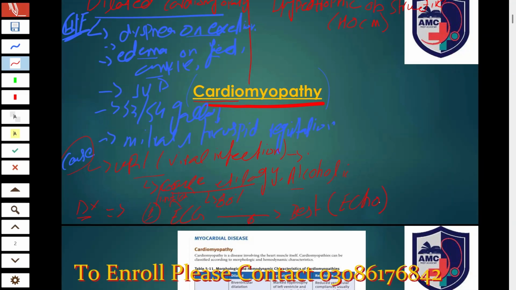And as adjunctive, we will do the chest X-ray. In chest X-ray, you will see the balloon-like heart. What is the treatment? Treatment will be the same as systolic heart failure, as we discussed in the previous class.